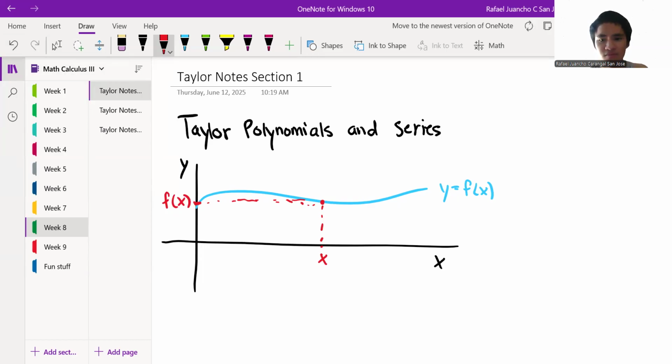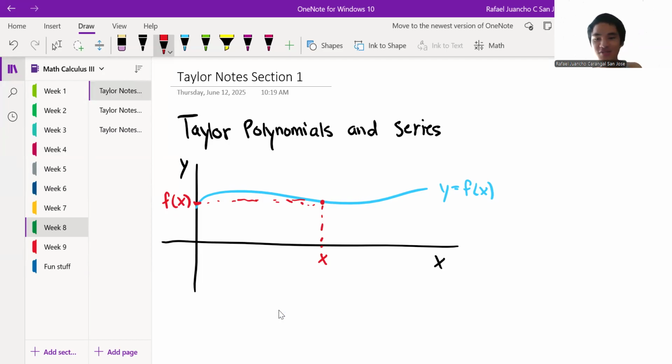So we use these functions to answer questions in different kinds of problems, right? Like let's say this were a car traveling, x was the time and y was the distance that it covered.